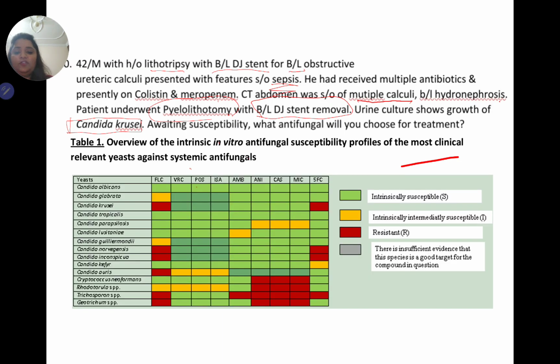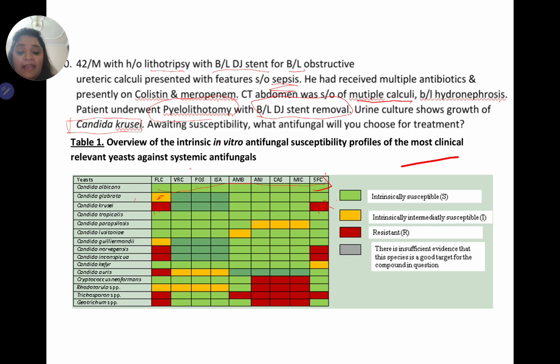To understand this question, it is necessary to remember the various intrinsic resistances. Candida albicans, though there is increasing resistance, has no intrinsic resistance. Glabrata, as we all know, has slightly higher MIC for fluconazole. Krusei is intrinsically resistant to fluconazole as well as 5-flucytosine.